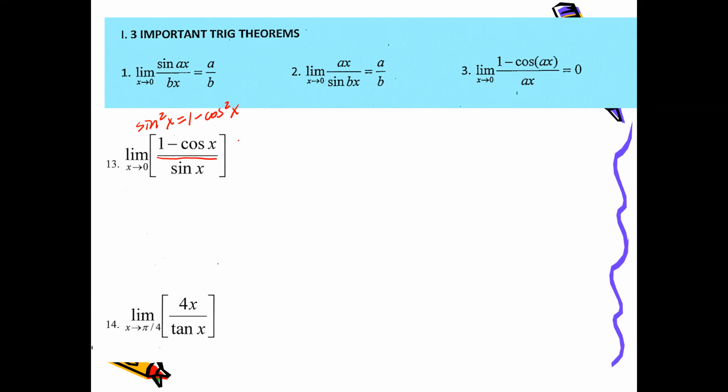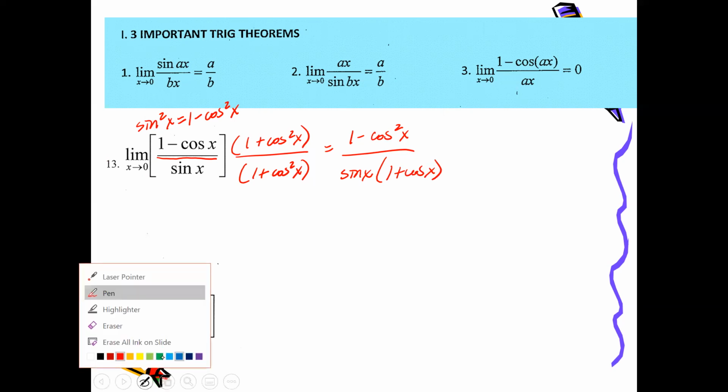So maybe if I do 1 plus cosine x, and I multiply it by top and bottom, then I will get 1 minus cosine squared x, because I will have to FOIL it. So in the denominator, I have to carry the sine x and multiply by the 1 plus cosine x.